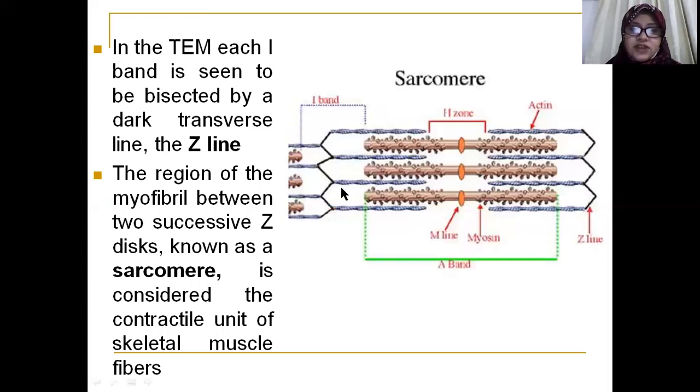In the transmission electron microscope, each I-band is seen to be bisected by a dark transverse line known as the Z-line. The region of the myofibril between two successive Z-lines is known as a sarcomere, which is the contractile unit of skeletal muscle fiber.